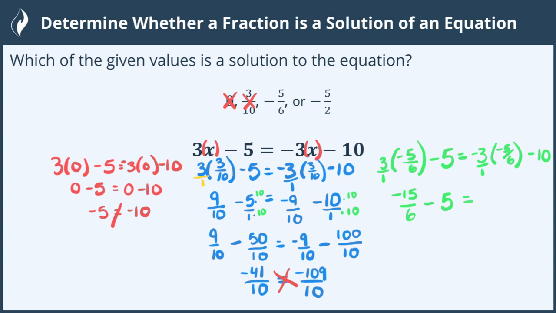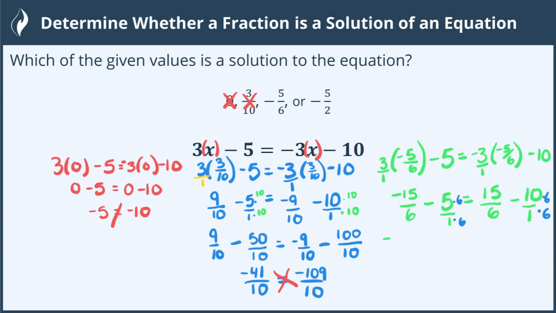Then on the other side, we have negative 3 times negative 5, which gives us a positive 15 over 6 minus 10. Now to combine these, I do need a common denominator. So I'm going to put the 5 and the 10 over a 1. And the denominator that's common is 6. So I need to multiply numerator and denominator by 6 for both of these fractions here.